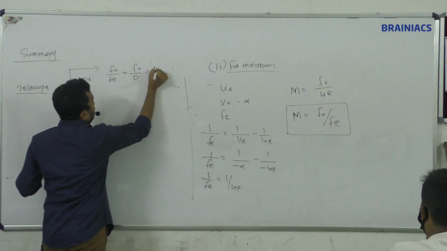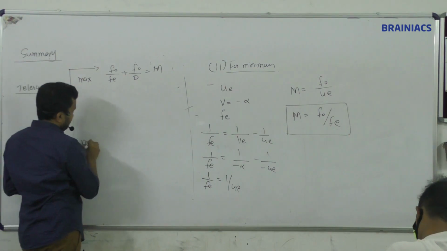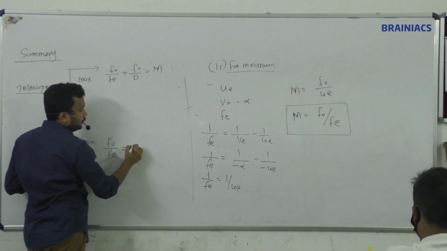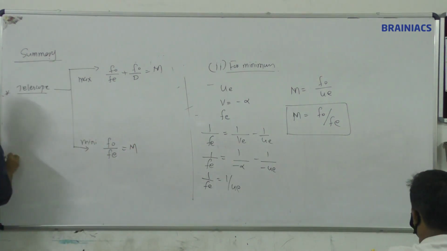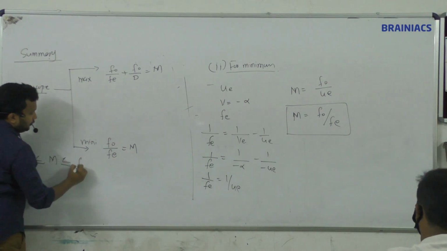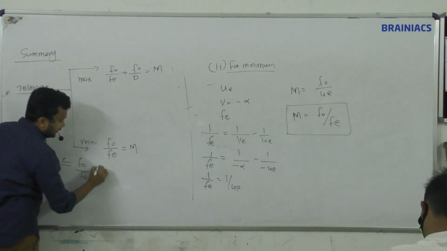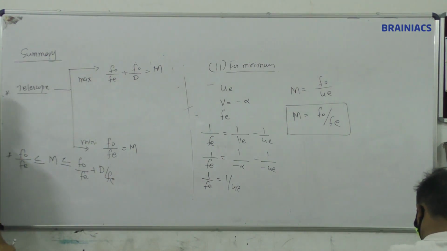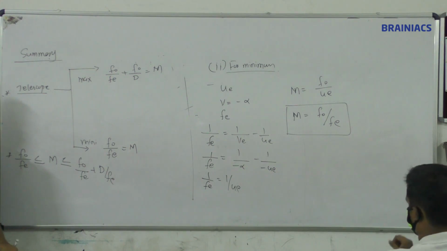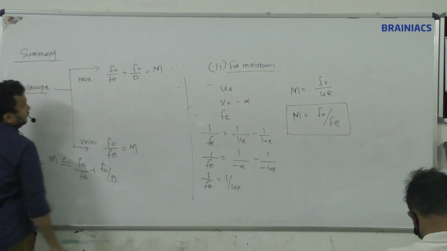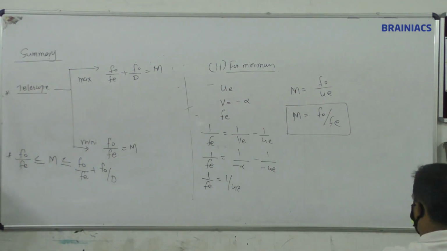This is called M, minimum magnification. Which means F naught by FE is less than or equal to M, which is less than or equal to F naught by FE times (1 plus D by FE). All these formulas have to be written in your formula book, because many things will be there.